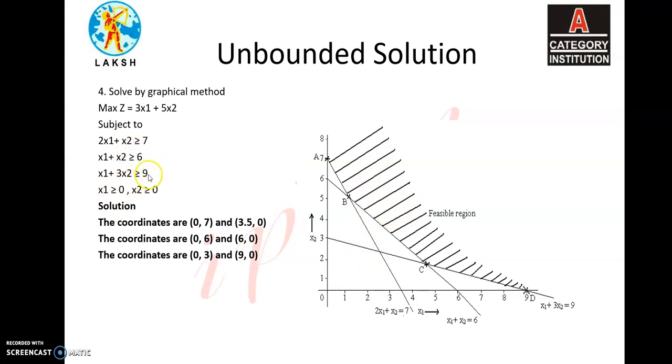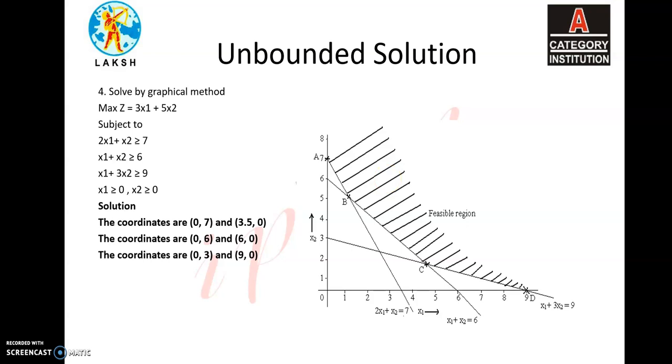Now you notice that in all the constraints a greater than equal to sign is given. So for all these lines the common region will be the region above the line. So it is not bounded. Here we will write that the problem has an unbounded solution.